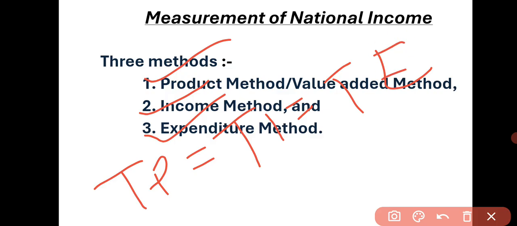What is actually produced in an economy, either goods or services, is equal to total income, and that income is also known as expenditure. Income for one is expenditure for others. So total product is equal to total income, which is equal to total expenditure. So we can measure national income by taking any of the three methods, right?